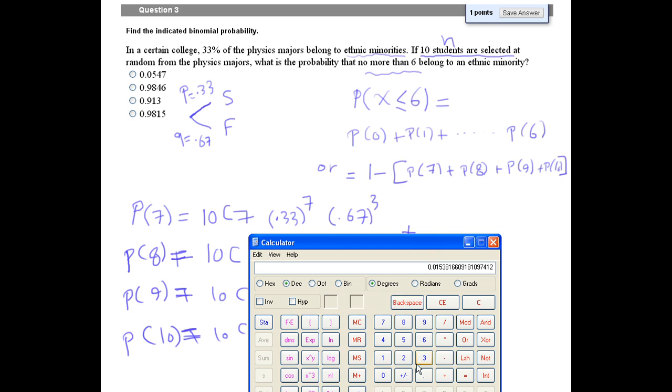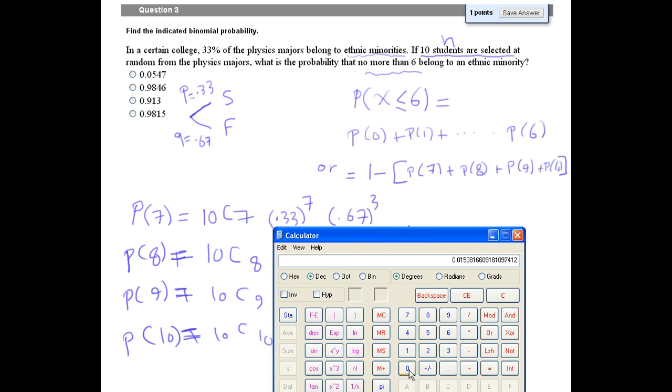Now we can add plus again the factorial of 10 divided by the factorial of 8, divided by the factorial of 2.